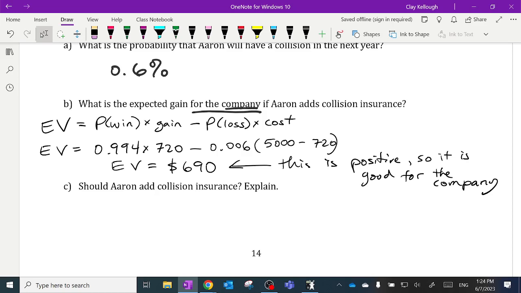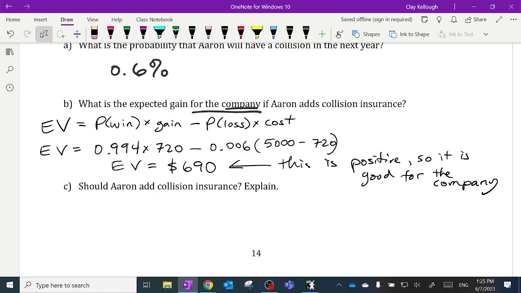So for $720, I better spend it. But if it's somebody who's like, well, we're a family and we have this as our second vehicle, and if I'm without it for a while, maybe I'm paying for replacement insurance for when I do have a claim. I'd rather not spend an extra $720 on the very unlikely chance I have a collision.